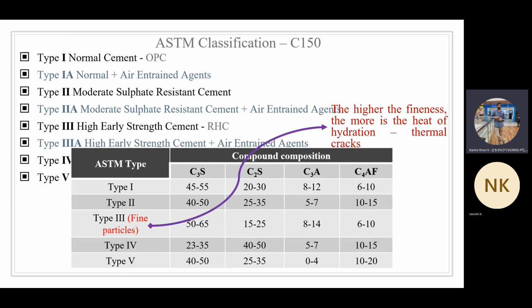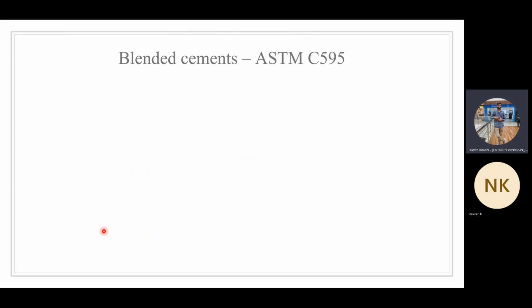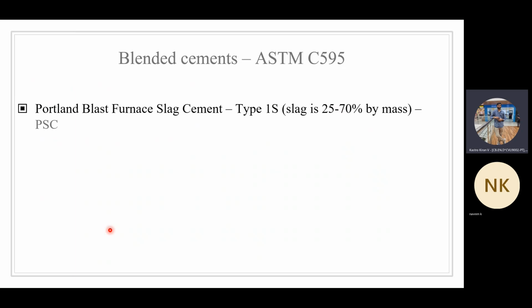Now let's talk about the classification of cement, again based on the ASTM standards, which are called blended cements. So what is this blended cement? Basically, blended cement is one type of cement which is a combination of general cement plus any kind of mineral admixtures.